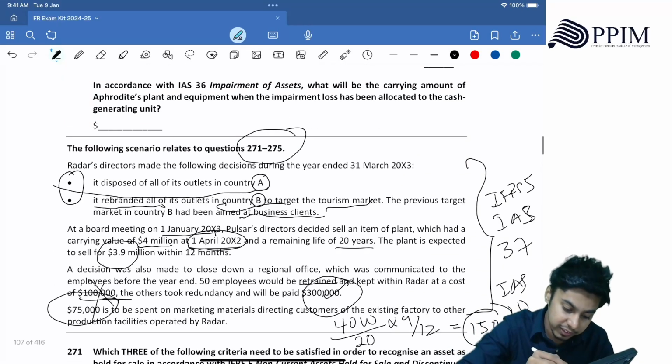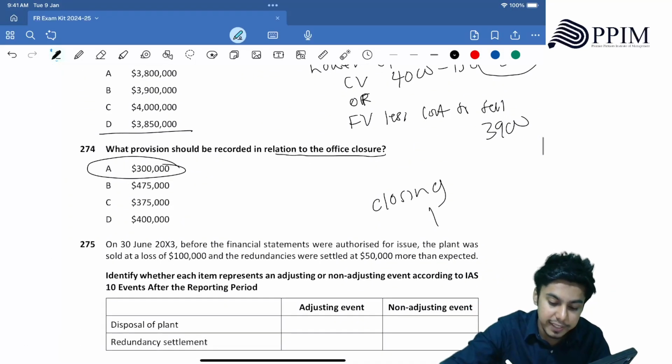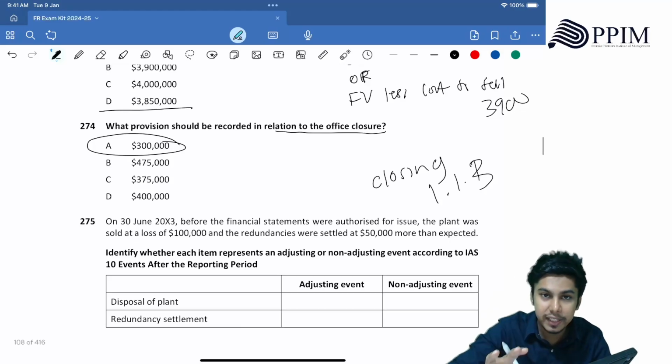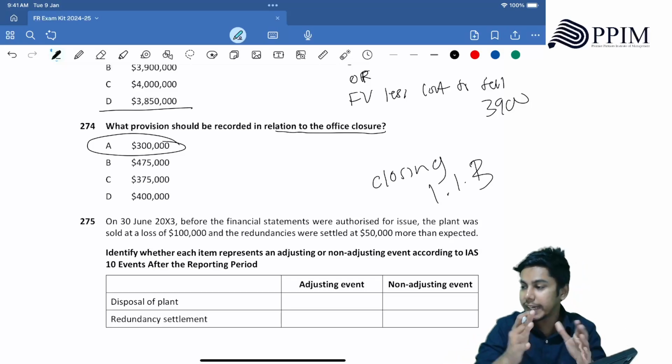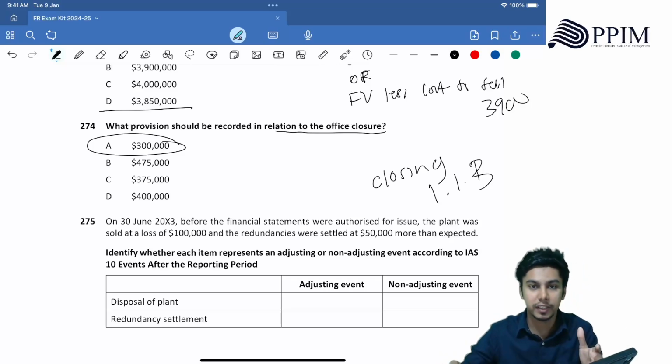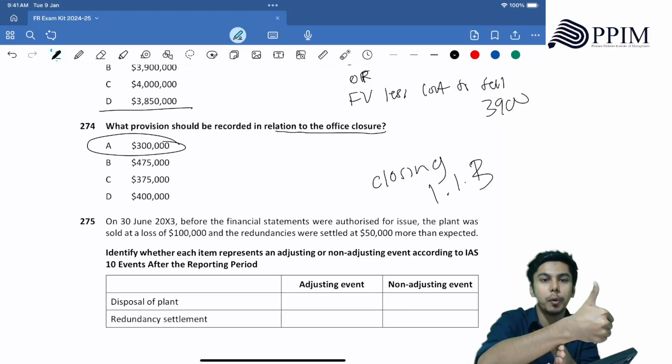We decided on when? 1st of January 2003 itself, we decided that we are going to close it down. That means, was the evidence already there for this event before the reporting date? Yes or no? Right, now normally, how do we know whether something is an adjusting event? You have to see whether this particular event was there before the reporting date.